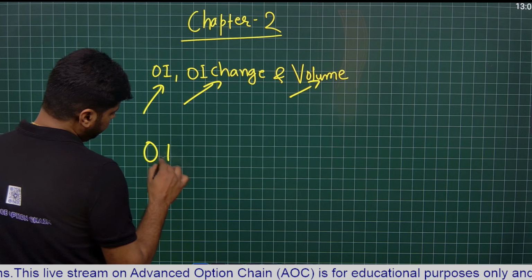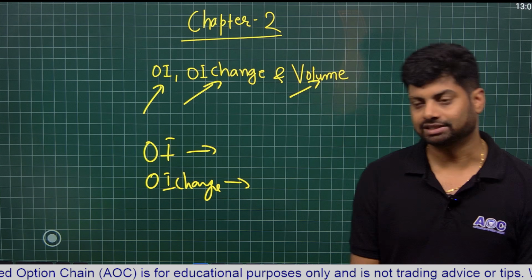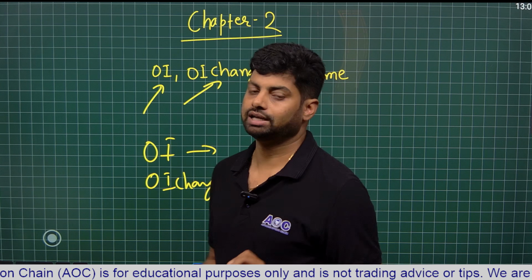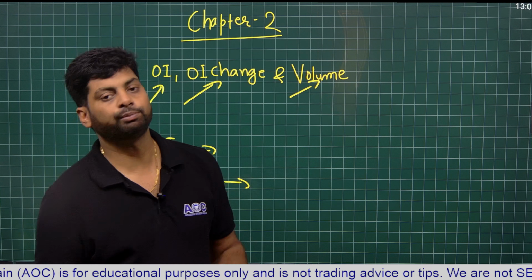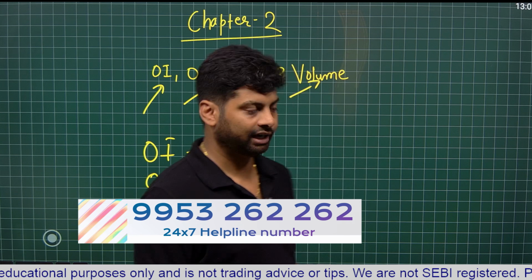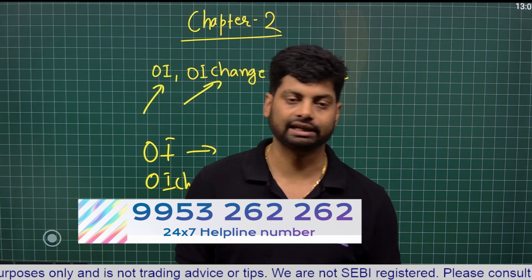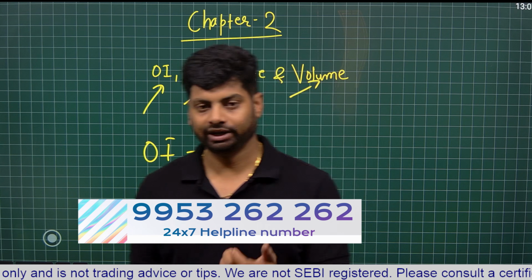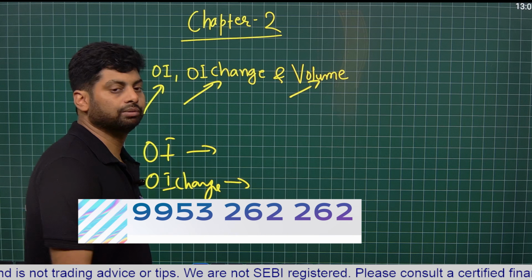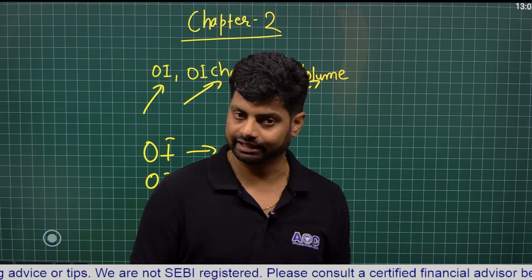We'll start with OI and OI change. What is OI and OI change? Basically, OI is the total sum of open contracts that are available in the market. Whenever an option writer creates a fresh contract, that will increase OI. Whenever that option writer, or any option writer, squares off their position, that will decrease OI.